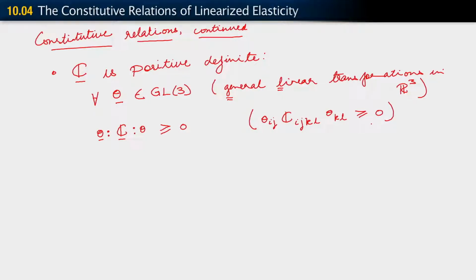It's useful to write this in coordinate notation just to be sure that this quadratic product is indeed a scalar. So it's greater than the real number 0. This holds for all theta belonging to GL3.